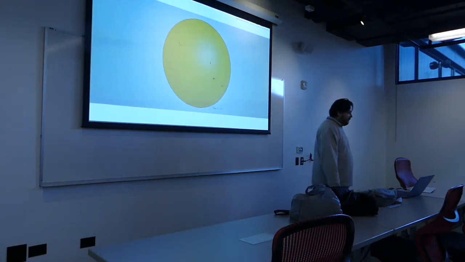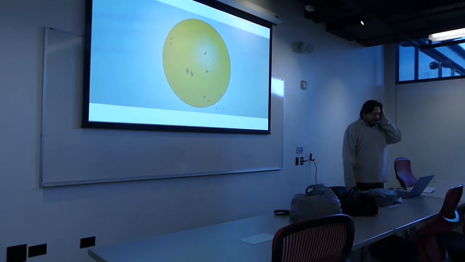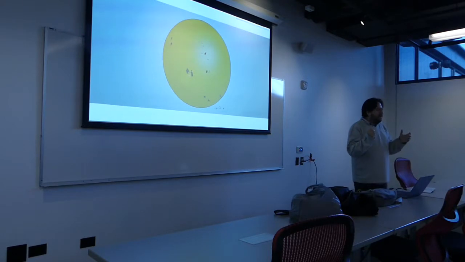I love this example. It's actually the drawings of Galileo. So he stood about 400 years ago in 1612, and he was trying to figure out how fast is the sun rotating, right?